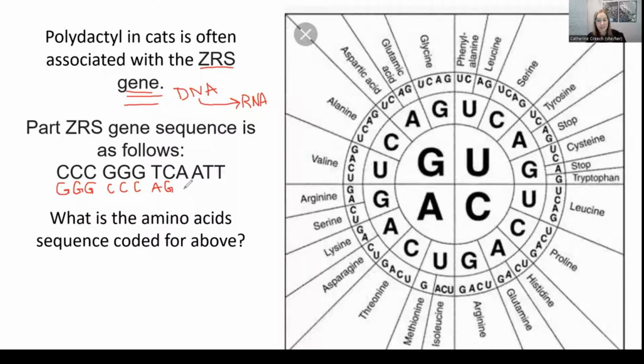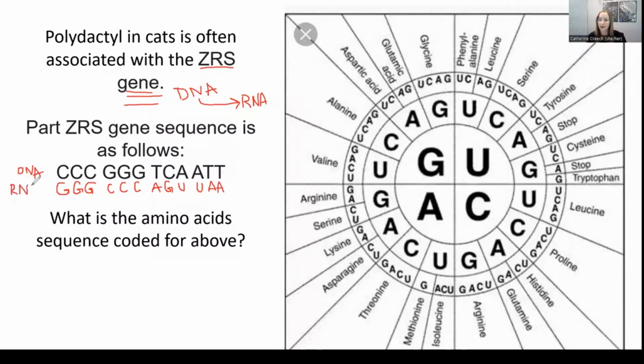So if it was DNA, I would put a T here because A and T pair together, but it's not, it's RNA, and so I'm going to put a U. So next one is U, and then A. So this is my DNA sequence here, and I just transcribed it to RNA.